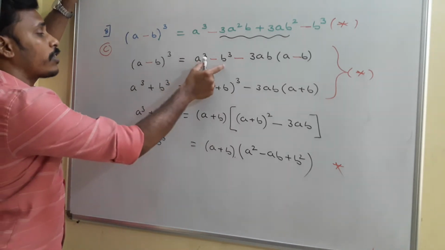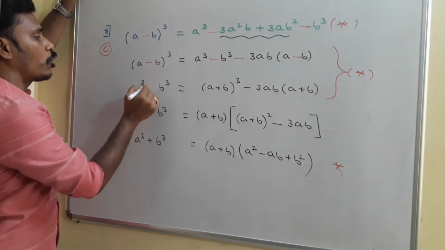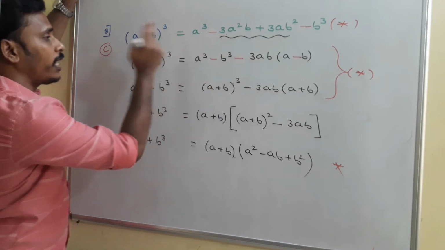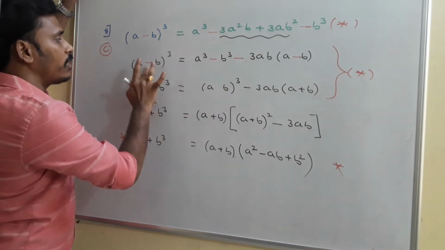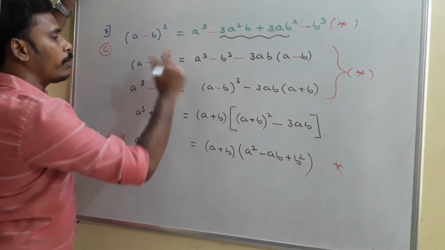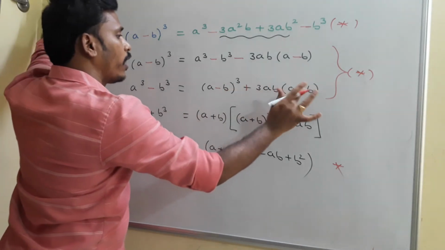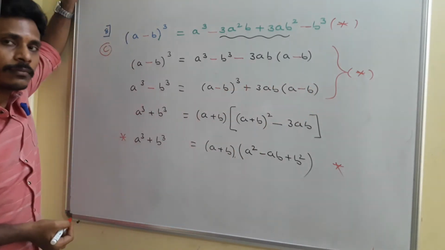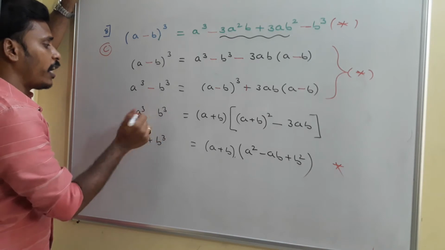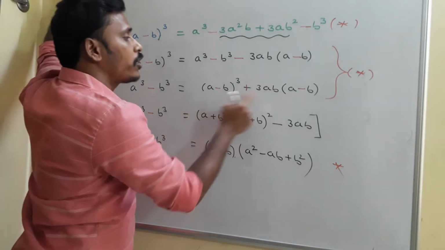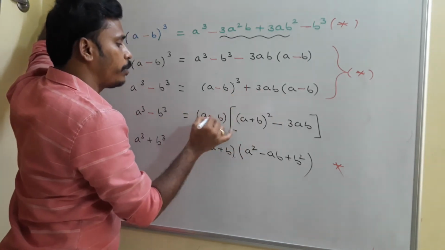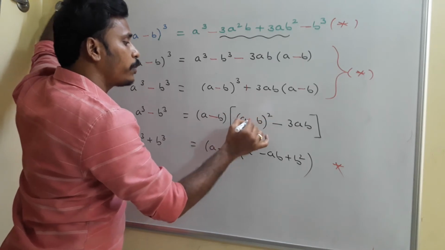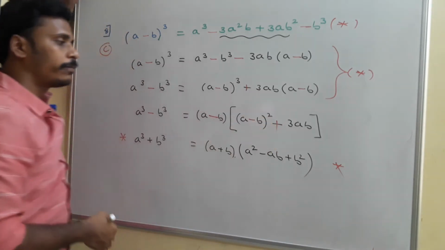And then if you make this a cube minus b cube as subject, you need to send it this side, then it becomes like this: a minus b whole cube, if it comes this side, plus 3ab of a minus b. And in the next step, this is a cube minus b cube, and from these two terms you need to common out a minus b. In the bracket, a minus b whole square plus 3ab.